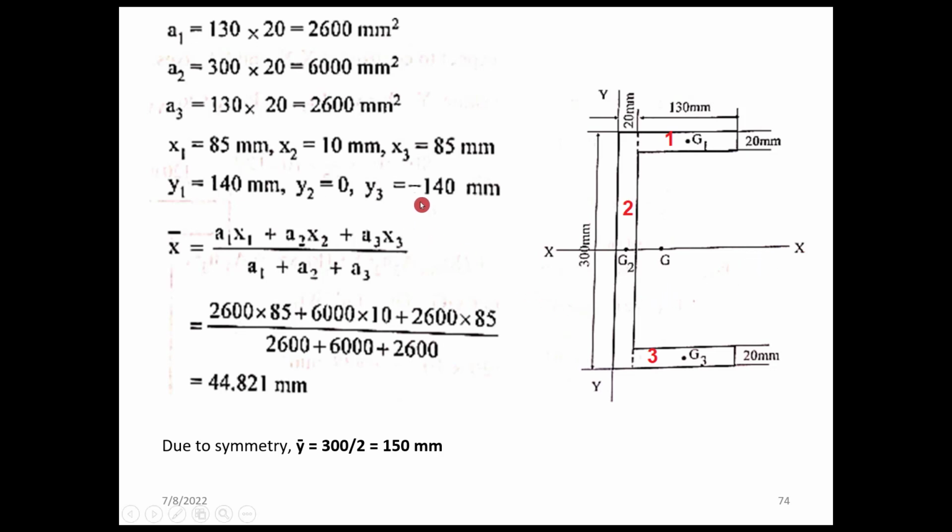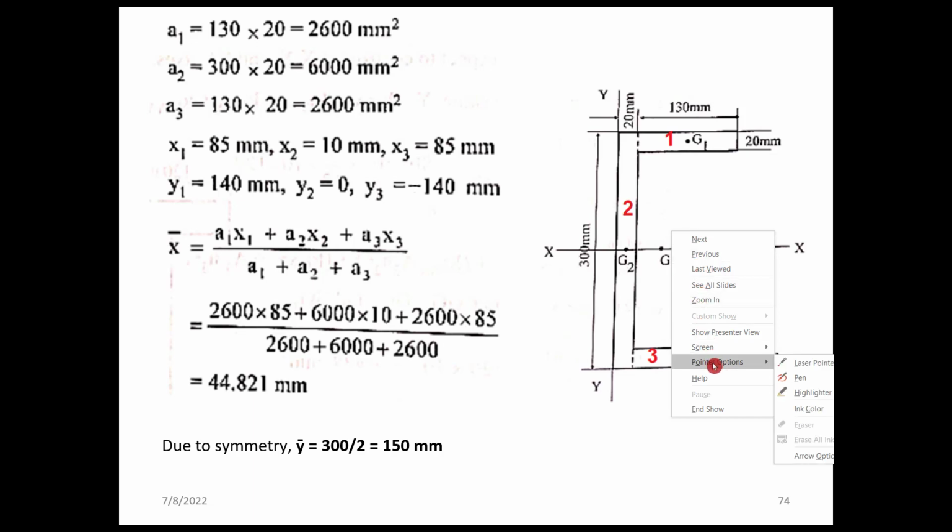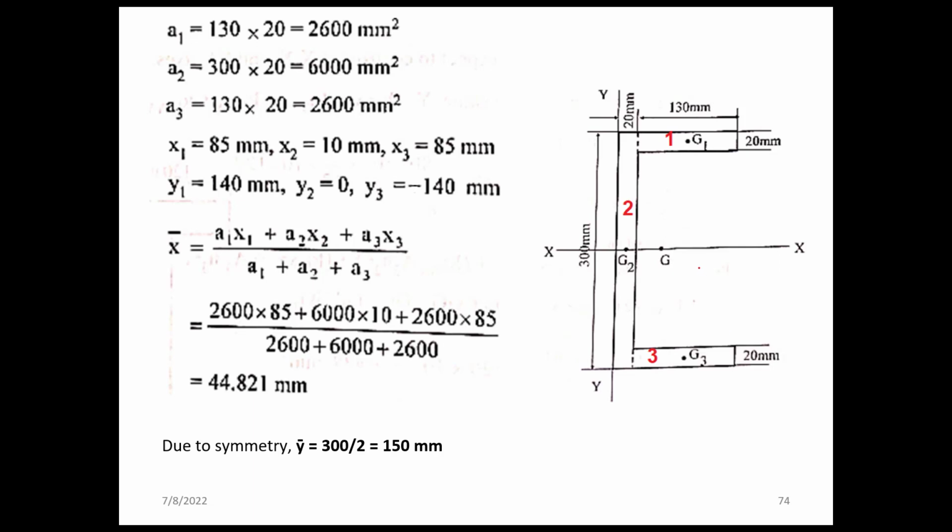Please note that there should be a sign change. X bar is 44.821. So from this point, at a distance of 44.821, the centroid of the entire section G lies. Due to symmetry, y bar is on the same line. So our new axis will be this.